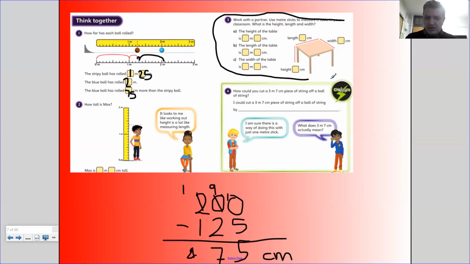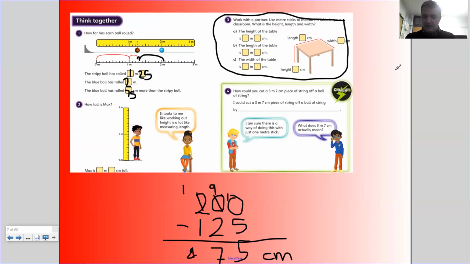So what I want you to do is do this at home. It says classroom. You can use your piece of wool, which is 1 meter long, and a ruler to work out the size or the measurements of a table. So you want the height, the length, and the width. If you see this picture, just find yourself a table at home and do some measuring.